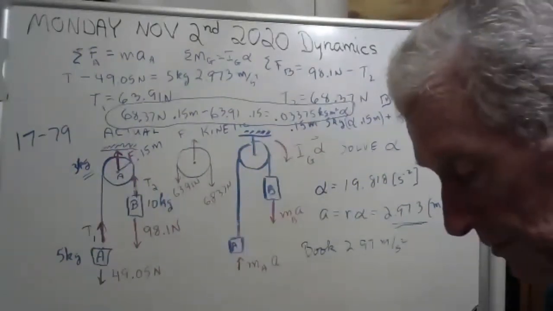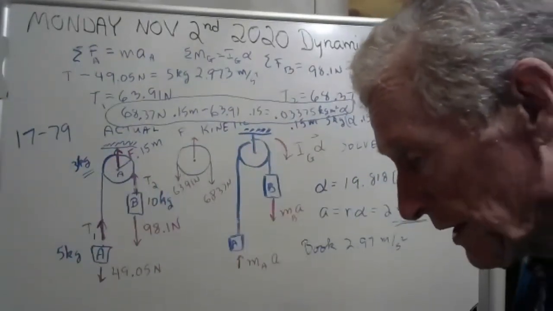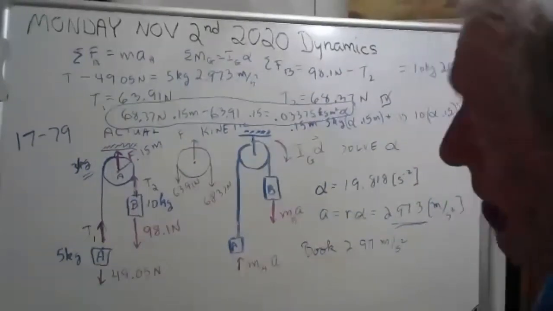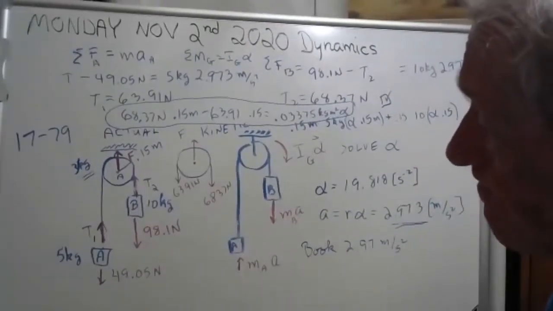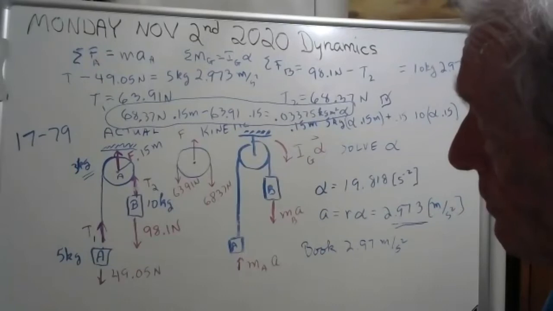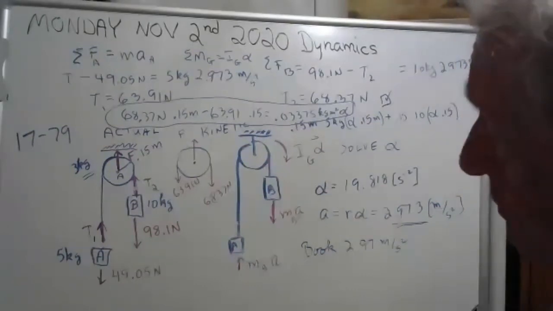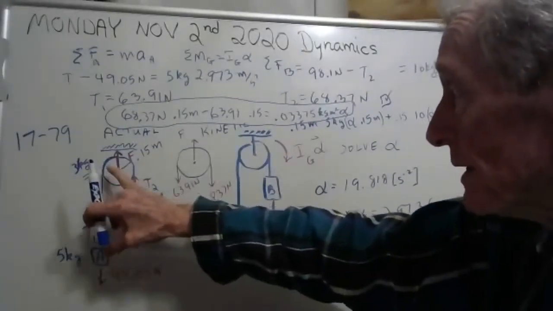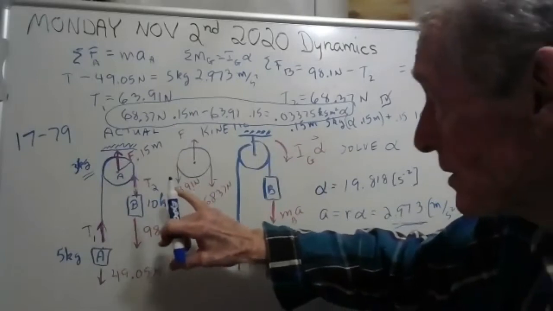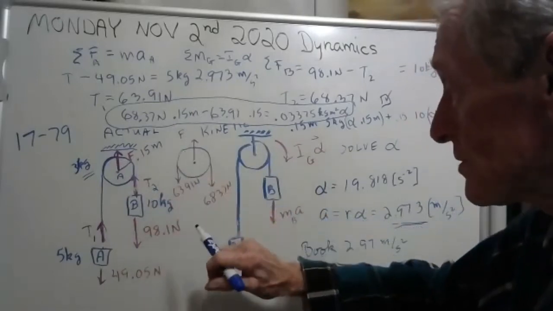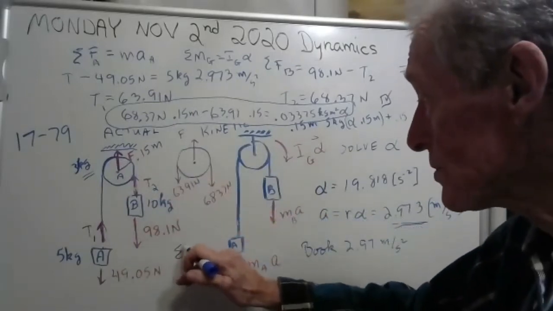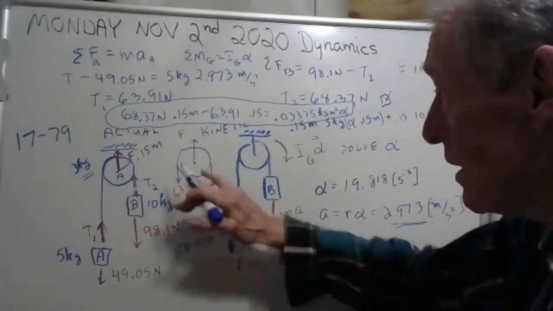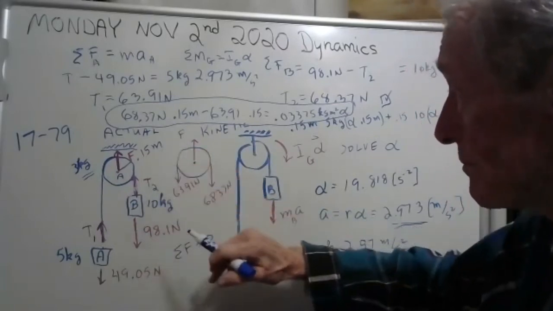Now, getting back to my original question for you guys. My original question was, I forgot what it was now. Oh, it was this force here. Can you guys see, because this pulley's not going anyplace, that the sum of the forces is going to be 0 on just the pulley alone?